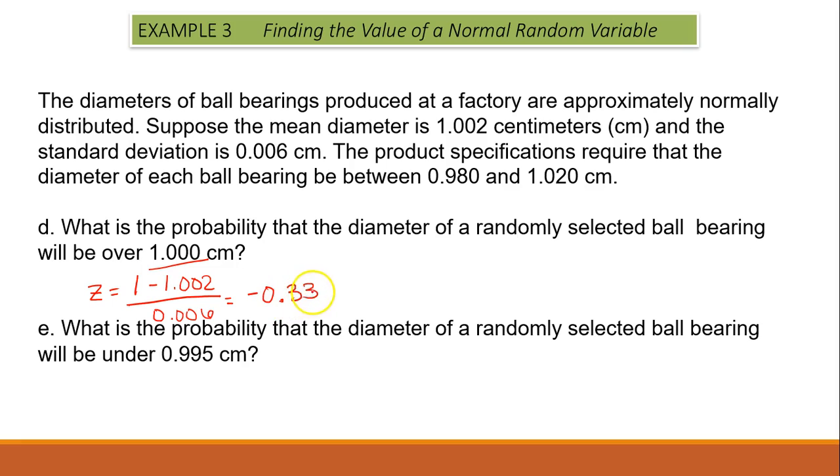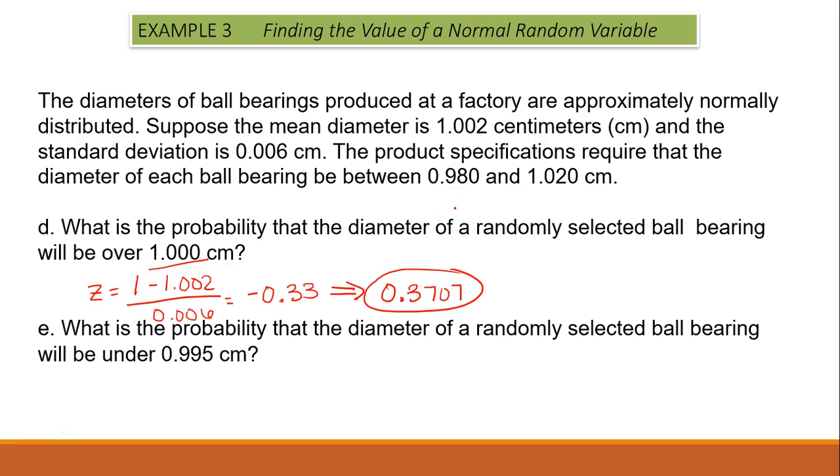And then we go to our table and look up. I'm not going to do that, it takes too much time. We go to our corresponding table, and we get the area under that curve corresponding to that x value is 0.3707. There you go.